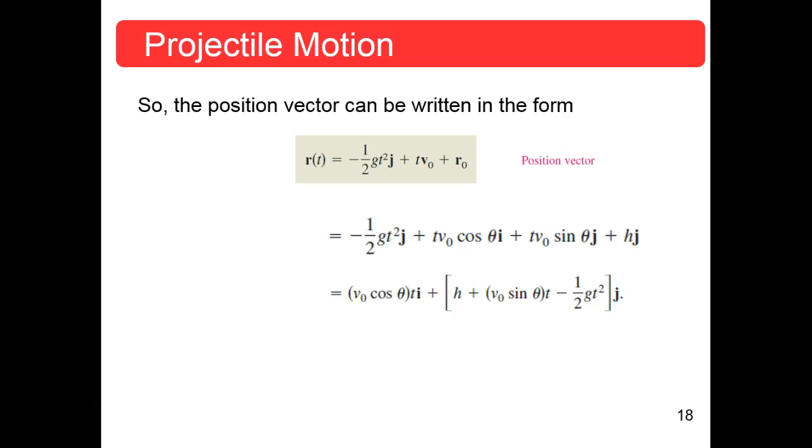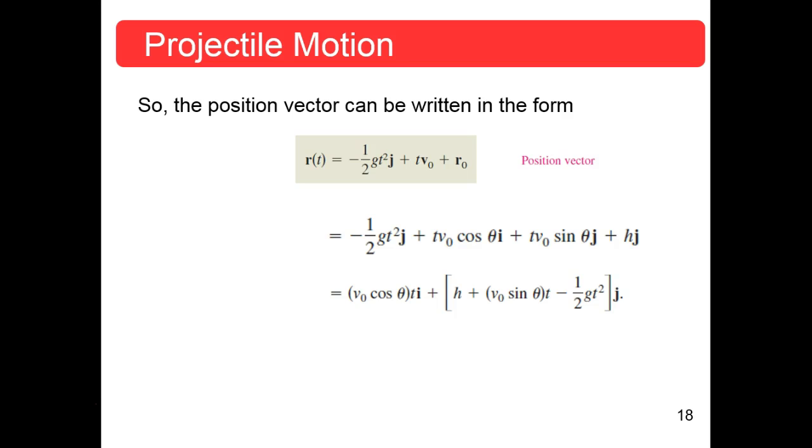Breaking this down, let's put the only i term out here, v0 cosine theta times t i. Why they changed the order, I'm not sure, but it is. These are constants. There's your variable. There's your vector.